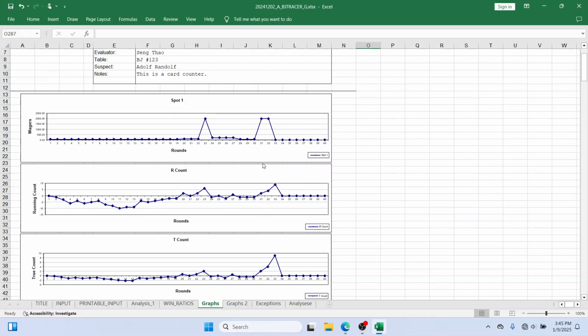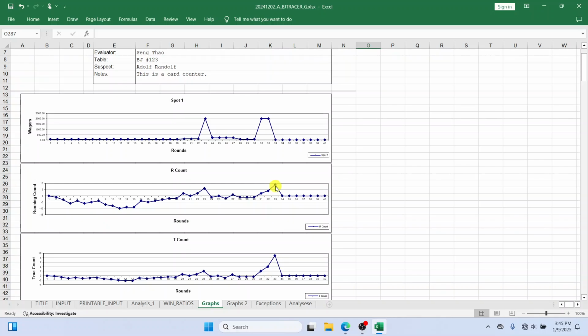That is a very clear indicator that this person is tracking the count and betting to the count. As the count increases, which means the game is going to favor the player, they increased their wagers.